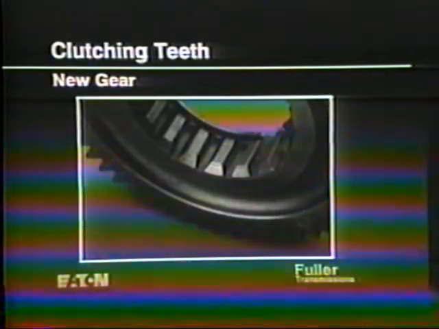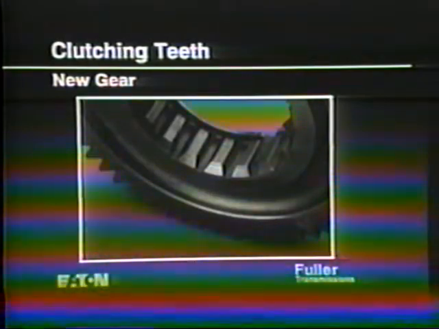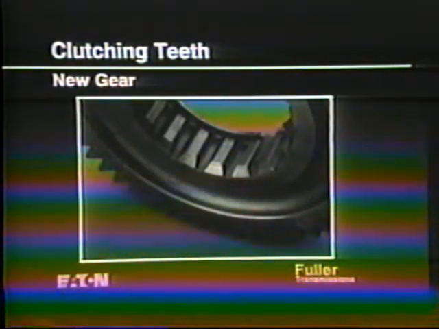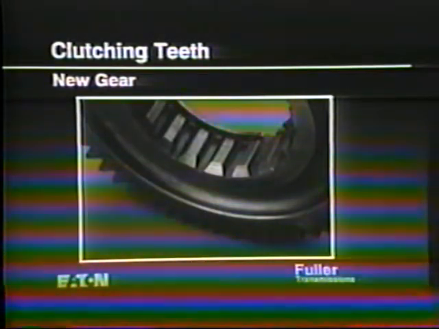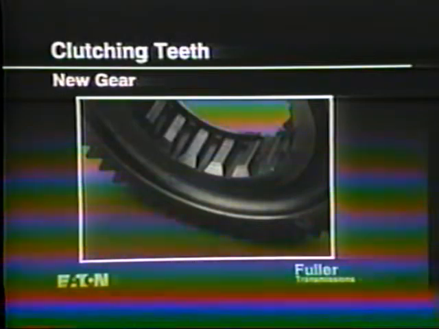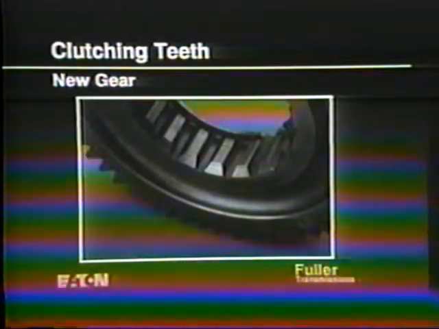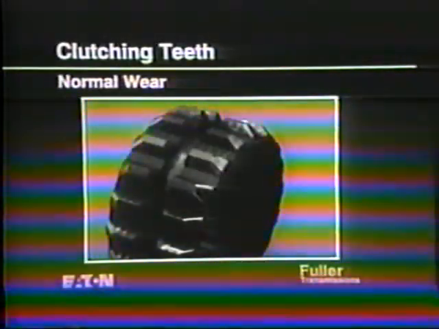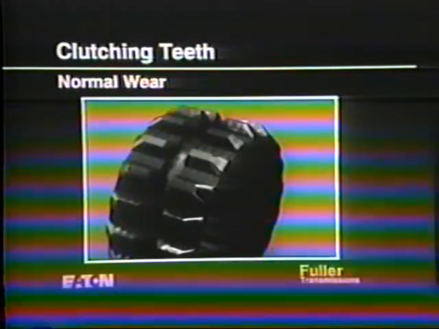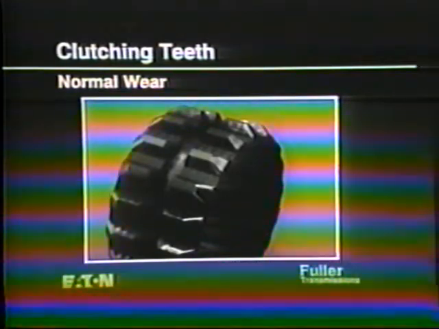Problems can also appear on the clutching teeth of mainshaft gears. A new mainshaft gear has clutching teeth with straight sides and square corners. Since mainshaft gears mate with sliding clutches, the following observations apply to the clutching teeth of both. During the operation of a transmission, it is normal for the corners of clutching teeth to become slightly rounded.